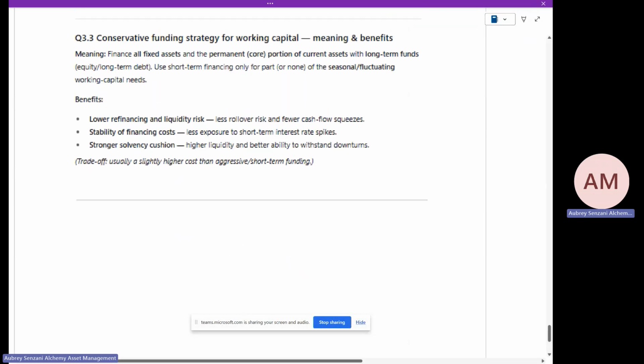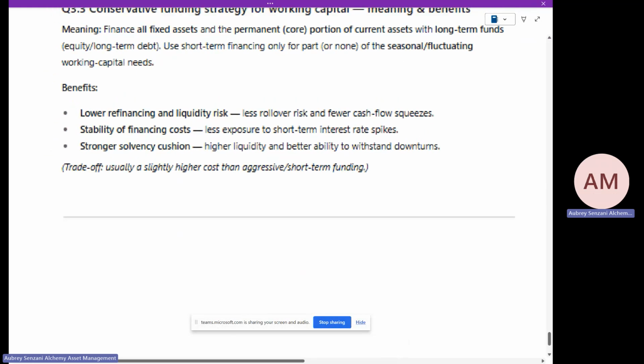Here they mention the advantages and disadvantages. So I'd advise, guys, look in your textbook and use your textbook's answer if they ask you to define. That is on page 109.